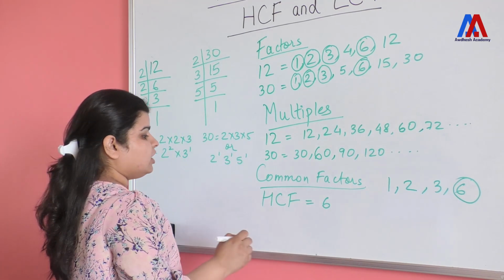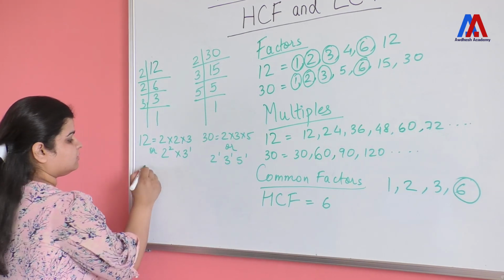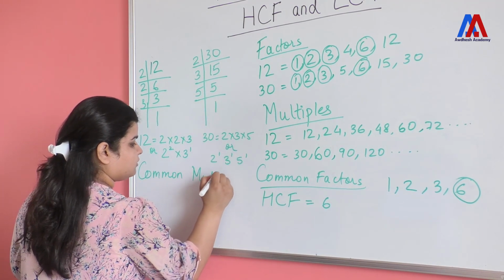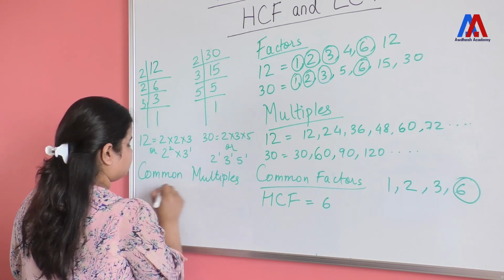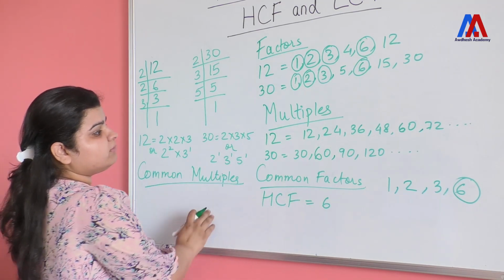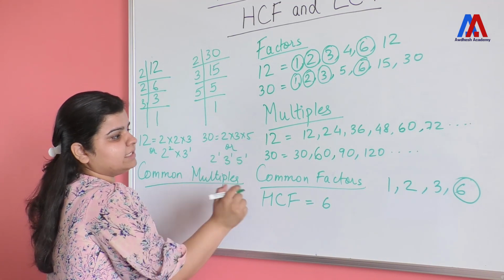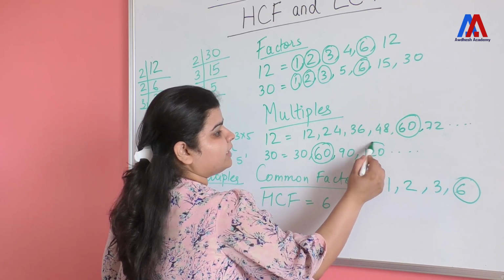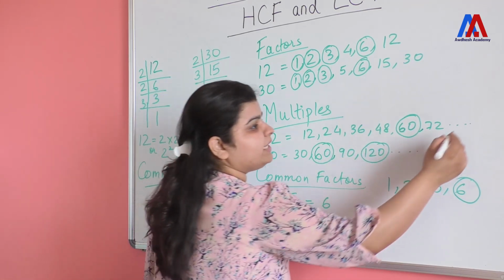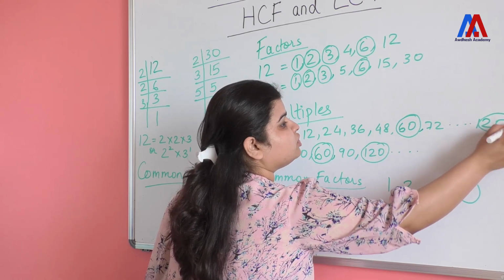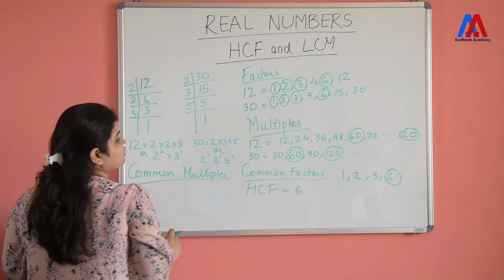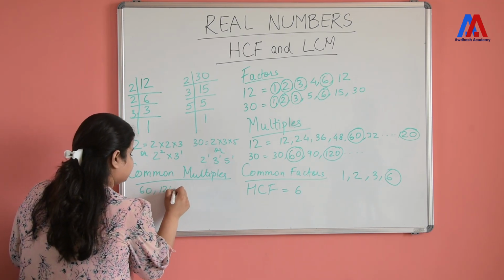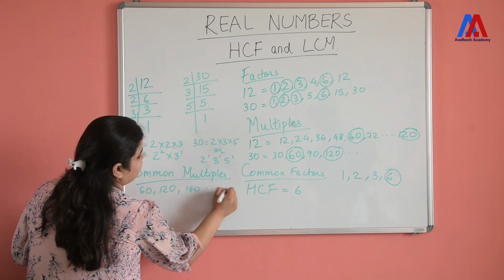The next thing is common multiples. The common multiples of 12 and 30 are 60, then 120, which is 10 times 12, and 180 and so on.